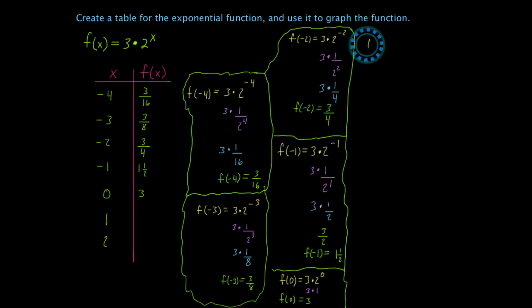All right, so now we're looking at f of 1, which is equal to 3 times 2 to the first power. So we have basically 3 times 2. So f of 1 is equal to 6.